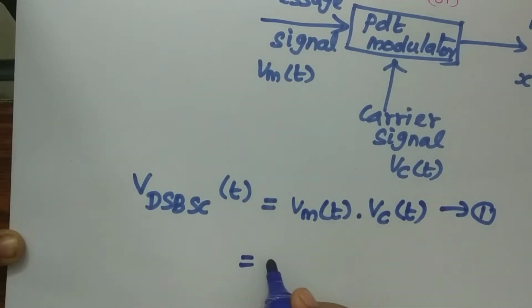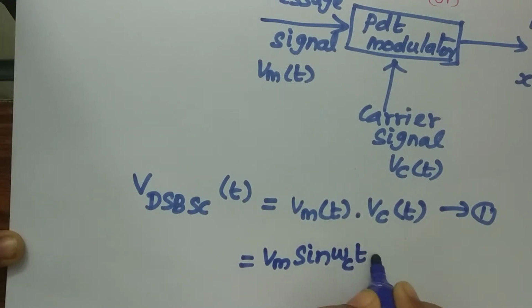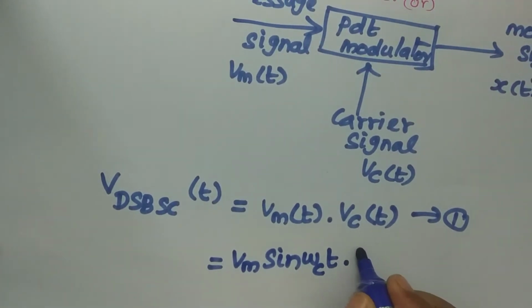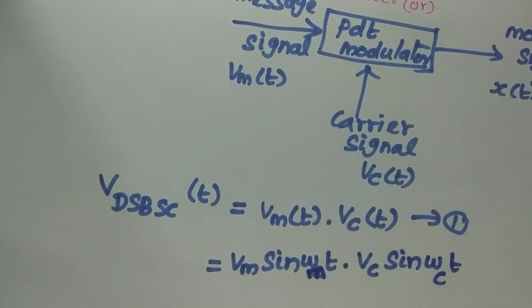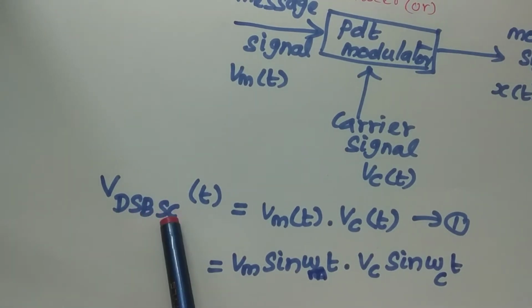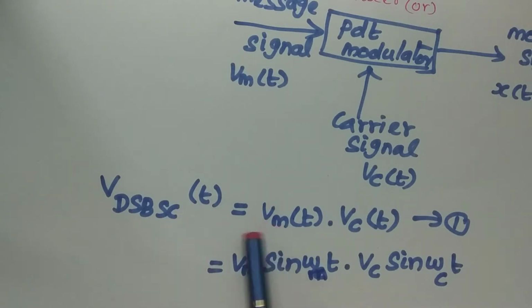The double sideband suppressed carrier modulated signal output voltage is nothing but Vm of t into Vc of t.